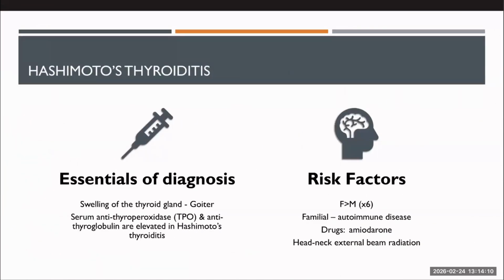So essential to diagnosis for Hashimoto's, swelling of the thyroid gland, they may have a goiter, and anti-TPO and the anti-TG antibodies are going to be elevated. Risk factors, female to male, 6 times more females will have Hashimoto's.